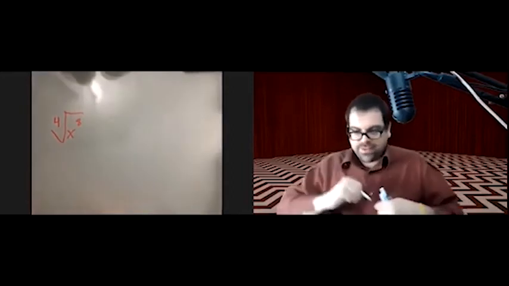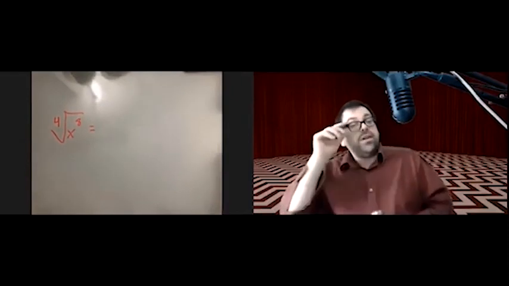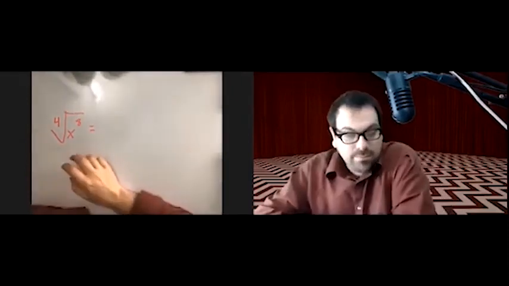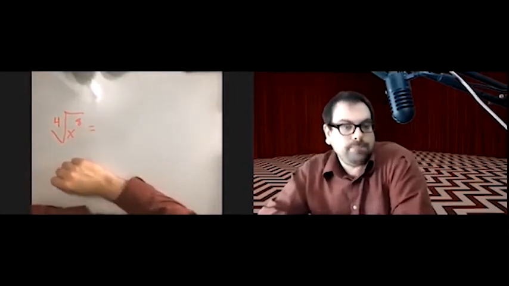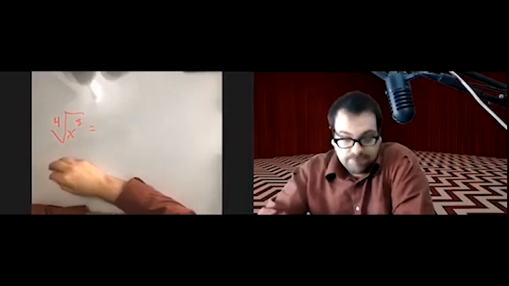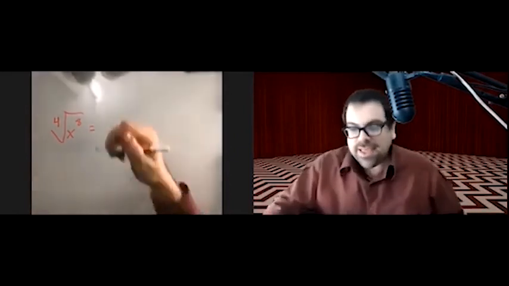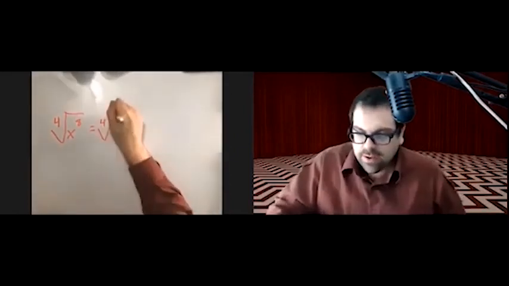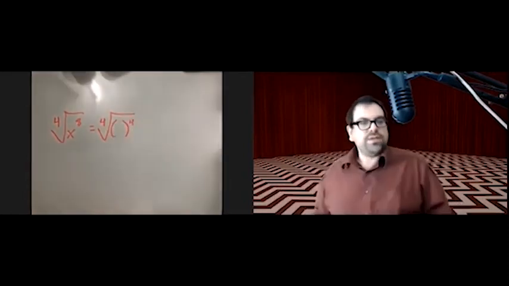What's different about this? Well, every other one that I've done, I've had the same root and the same power. They have to be the same root and the same power to cancel away. So we have to ask ourselves, is there a way to make this have the same root and the same power?